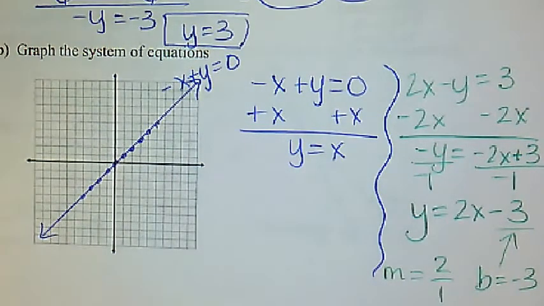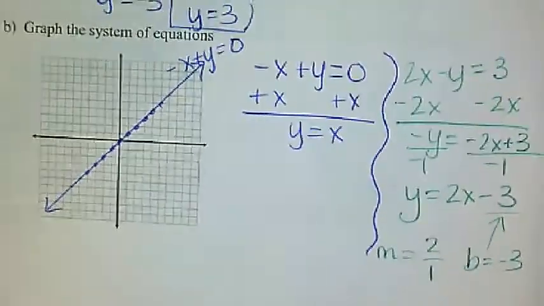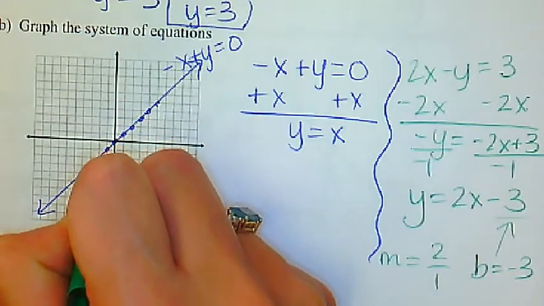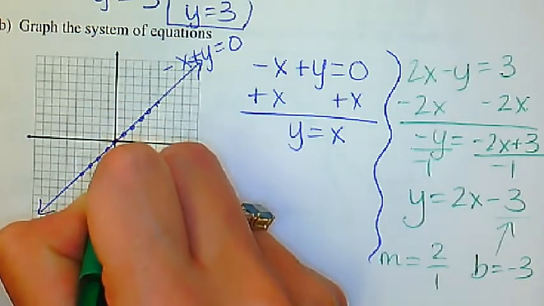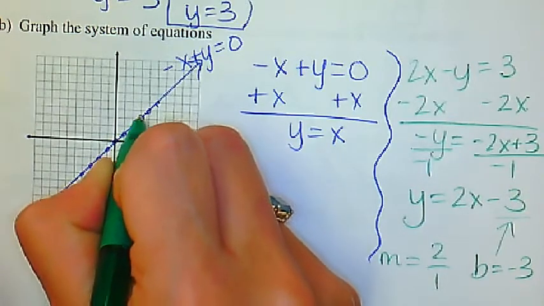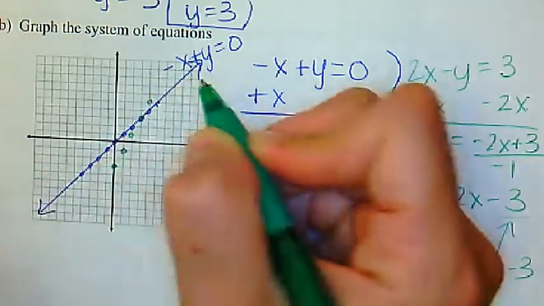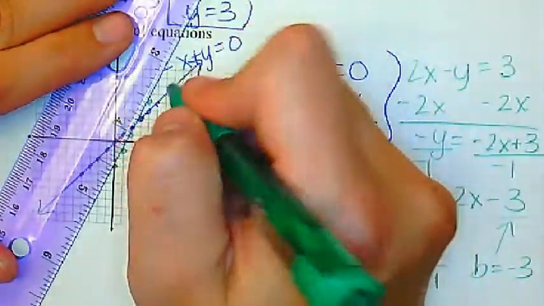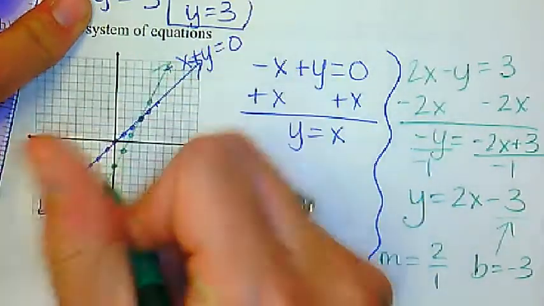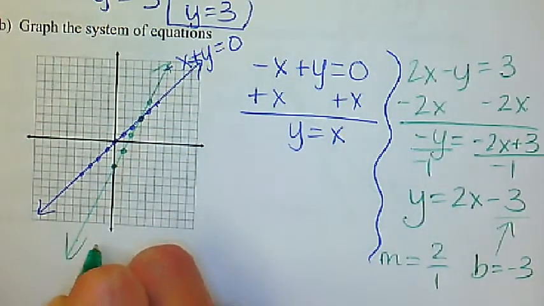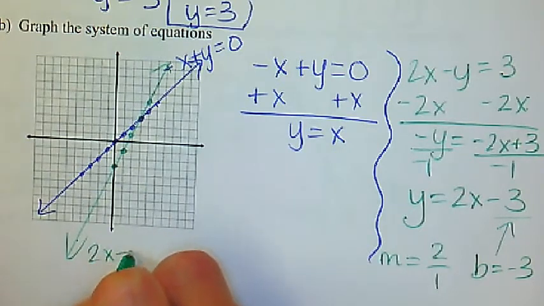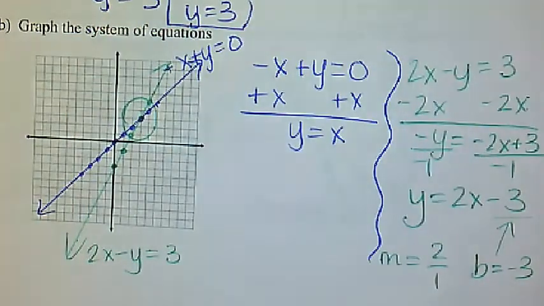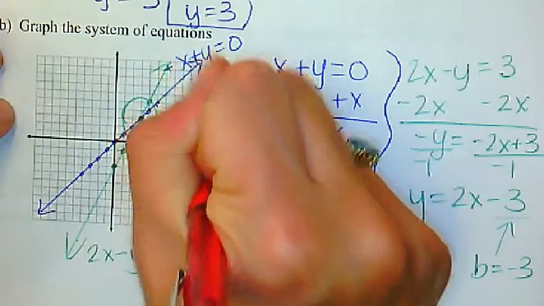Okay, so I'm going to start at negative 3, up 2, over 1, up 2, over 1, up 2, over 1. Okay, notice I'm plotting my lines, and then labeling them. Okay, so again, the answer, same thing, 3, 3.